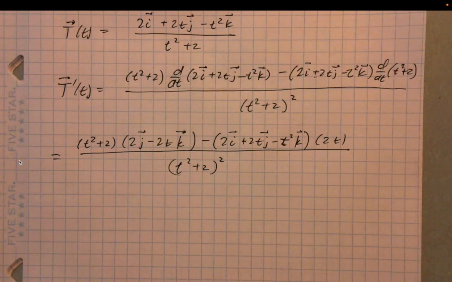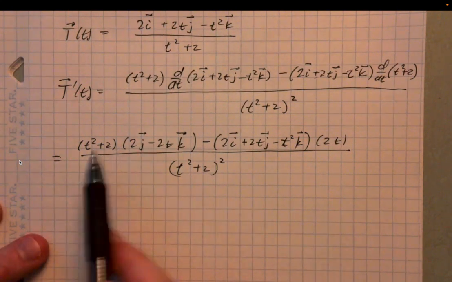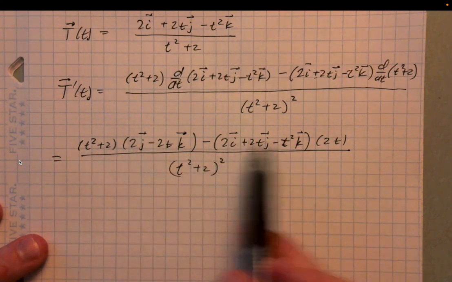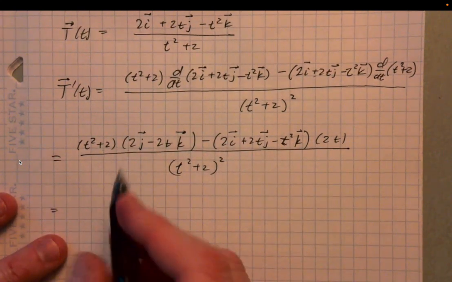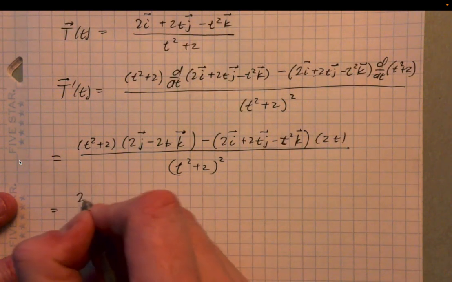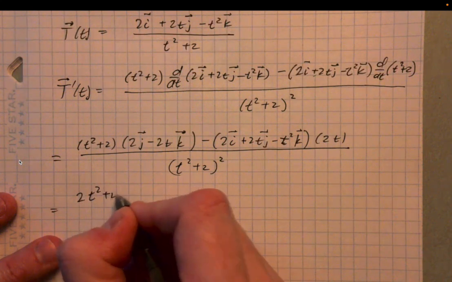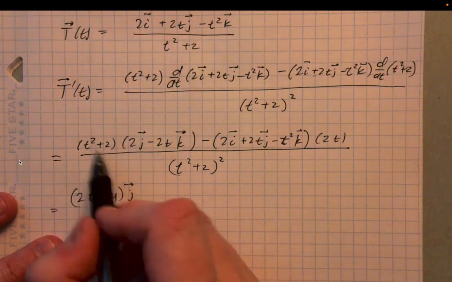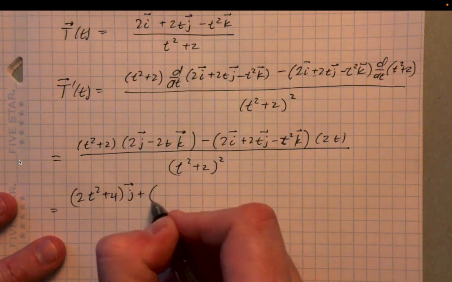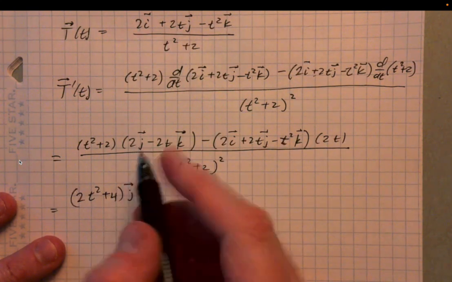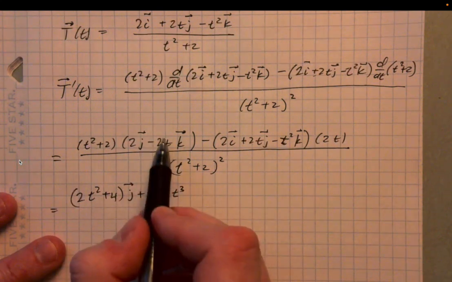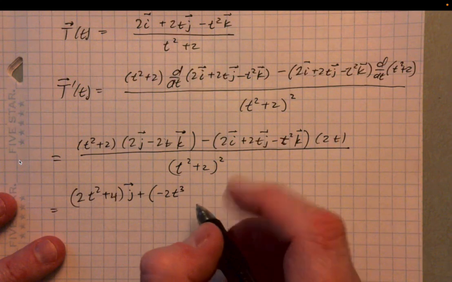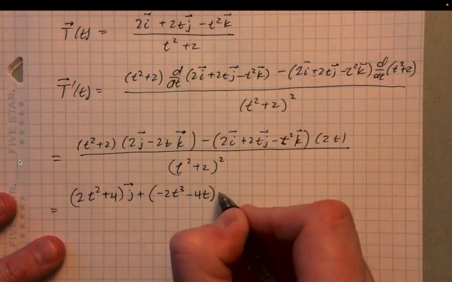And so what can we do? We can just start to multiply this all out. I think first we'll multiply these two pieces out and those two pieces out. So I get 2t squared plus 4, times the j vector here. And then plus negative 2t cubed, so this times that, and then minus 4t, that's times the k vector.